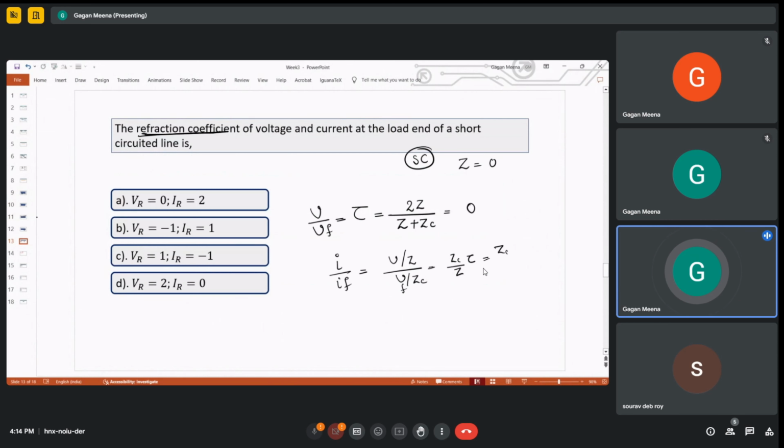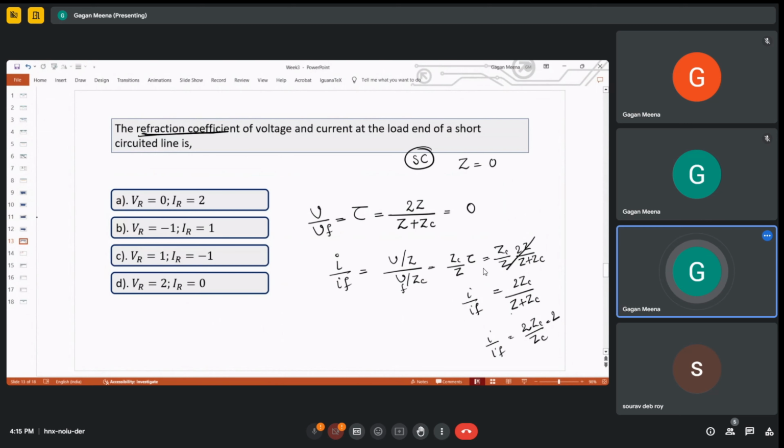So this is ZC by Z into 2Z upon Z plus ZC. This is cancelled. So this becomes 2ZC upon Z plus ZC. Now it is saying Z is 0. That means I by IF becomes 2ZC by ZC, which is equal to 2. So what is the correct answer here? So the correct answer is A here, right?